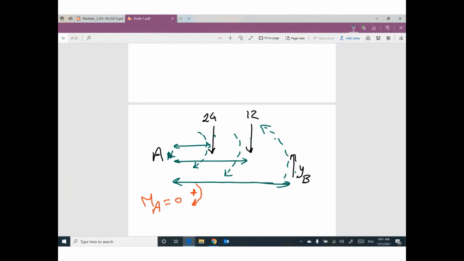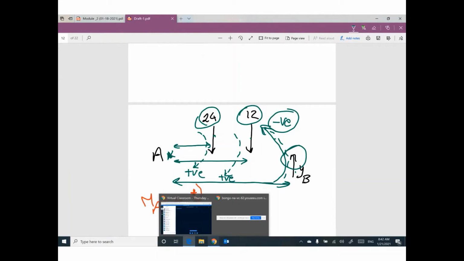So I assumed anything clockwise will be positive, so anything counterclockwise will be negative. The direction of this force and this force is different than the direction of this force. So one of them will be positive and the other will be negative.